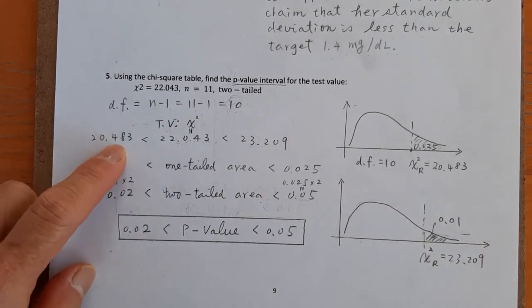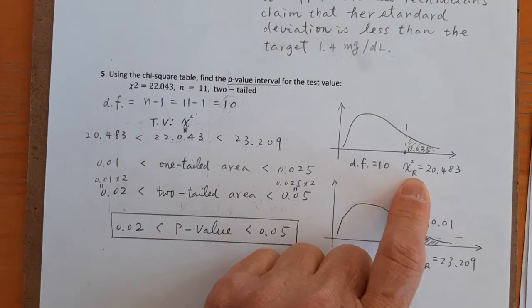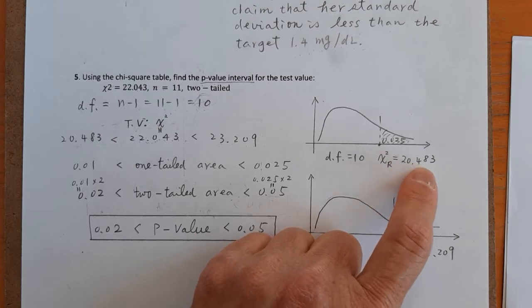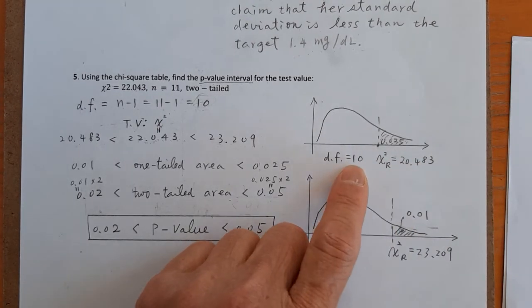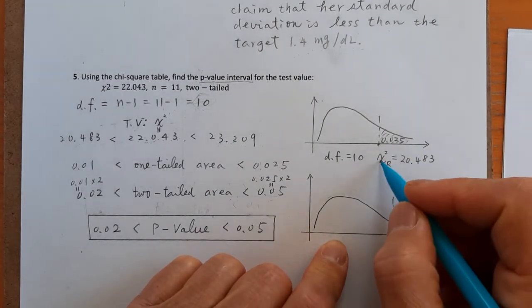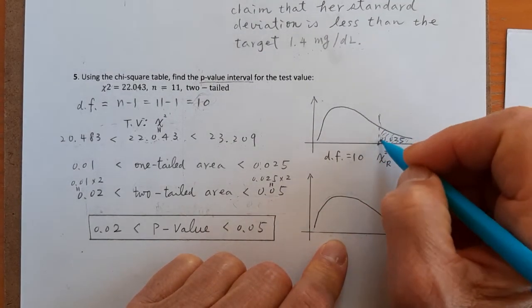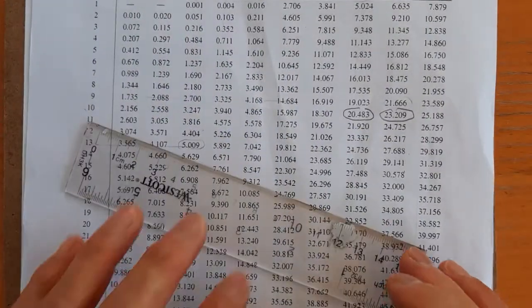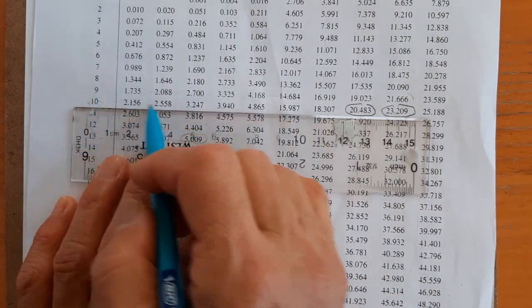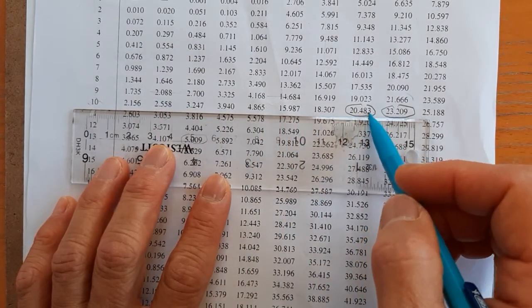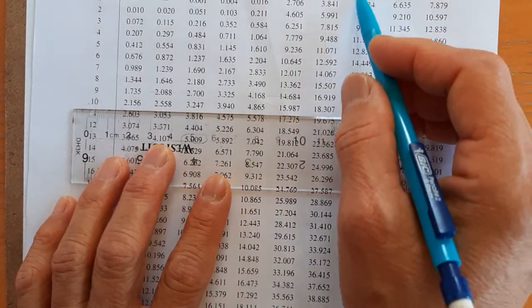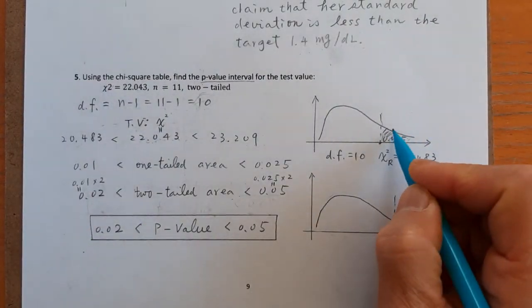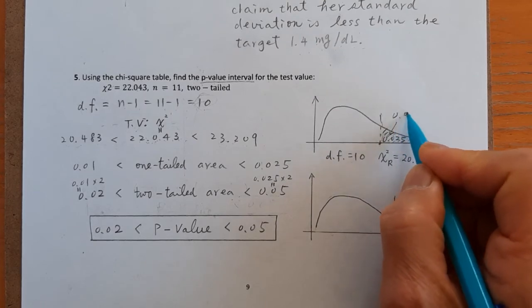For a chi-square of 20.483 with degrees of freedom 10, the area to the right is 0.025. So this area is 0.025.